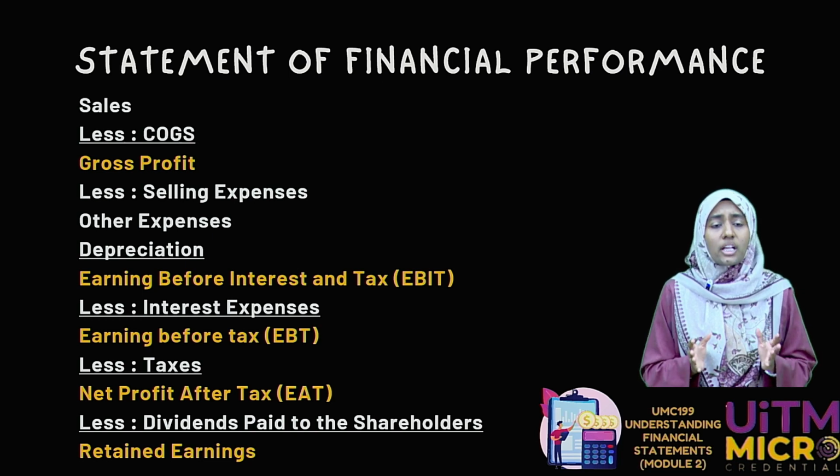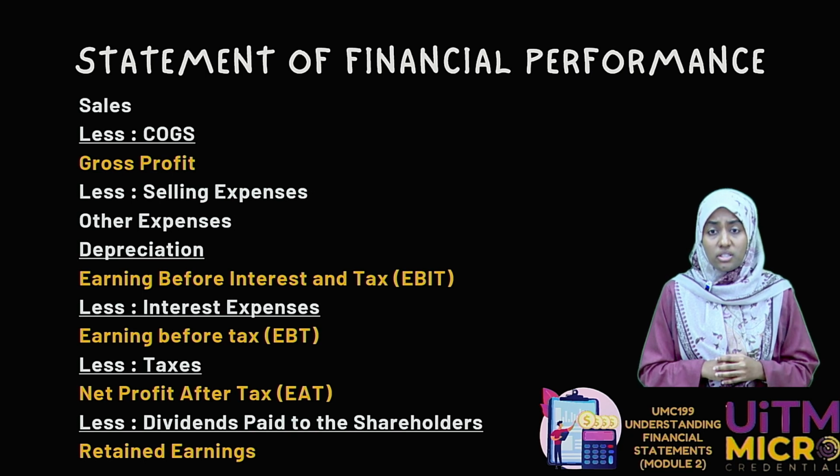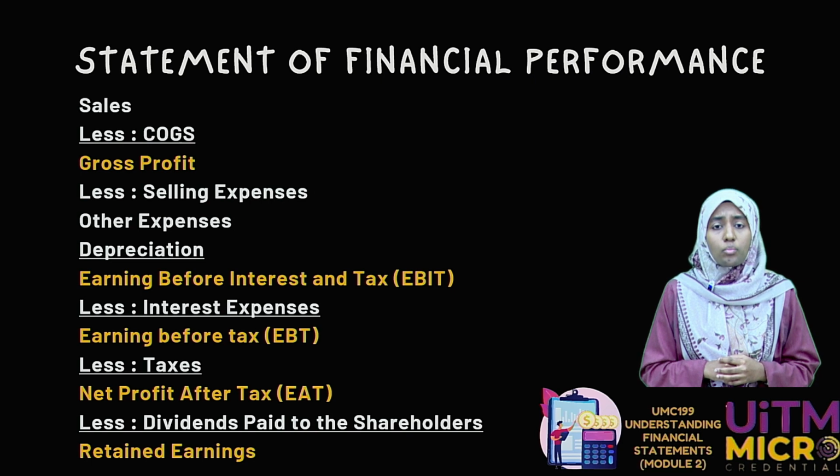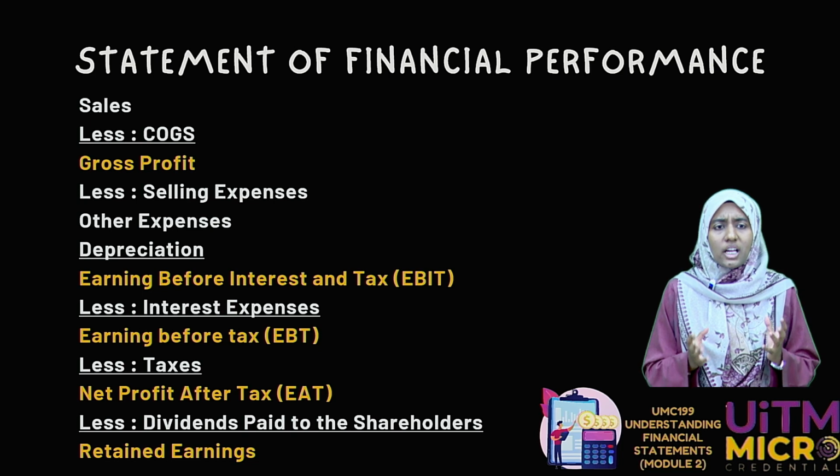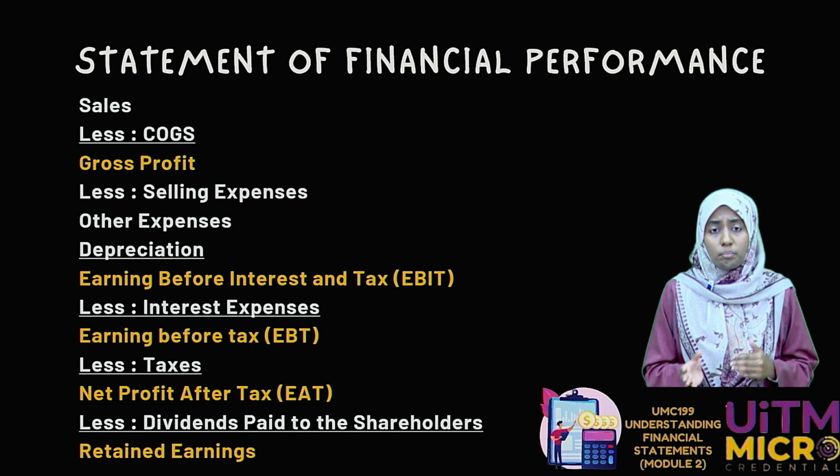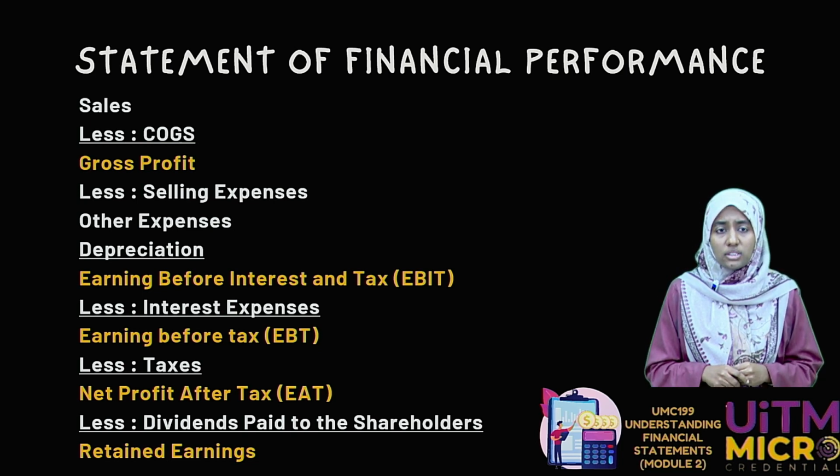Okay, the next component is the interest expenses, which are what the company pays on loans or borrowings it has taken. Subtracting this expense from EBIT accounts for the cost of borrowed money. It is like recognizing the money that needs to be paid out for using borrowed funds.